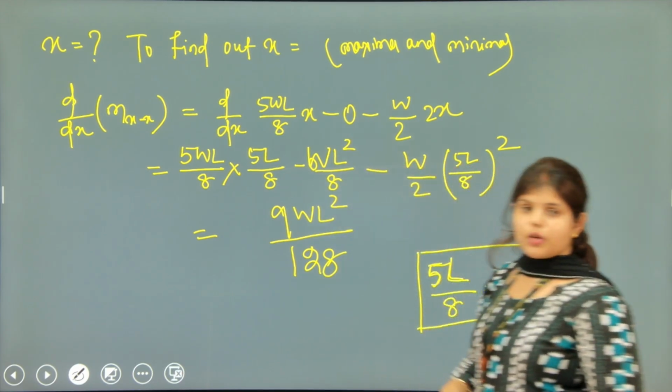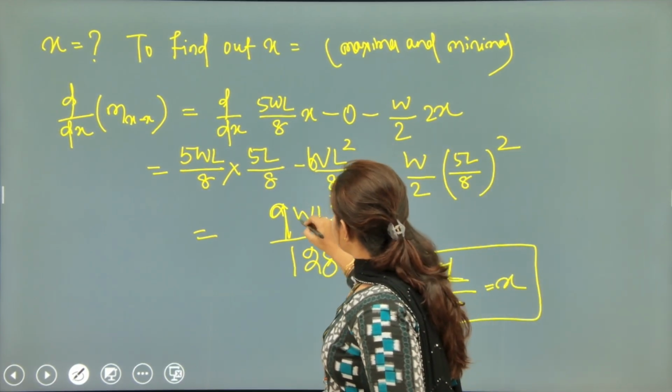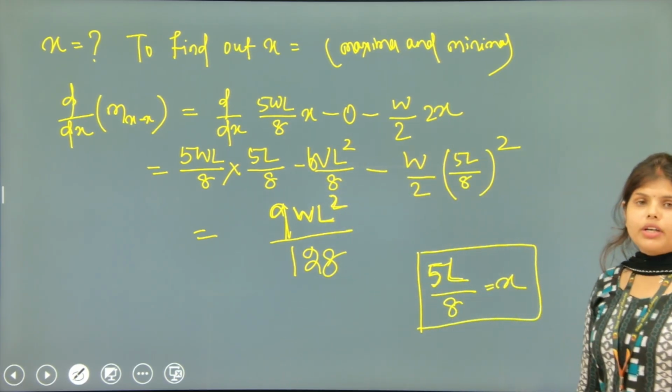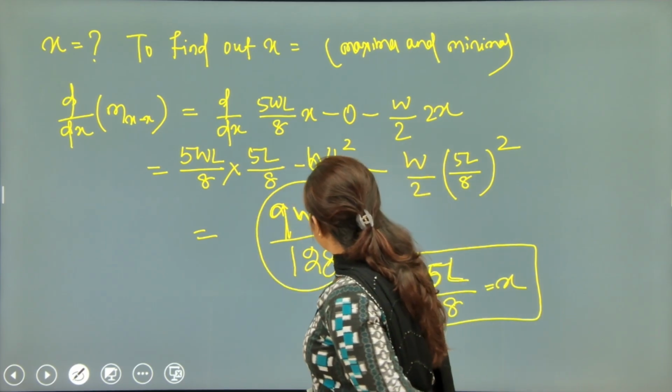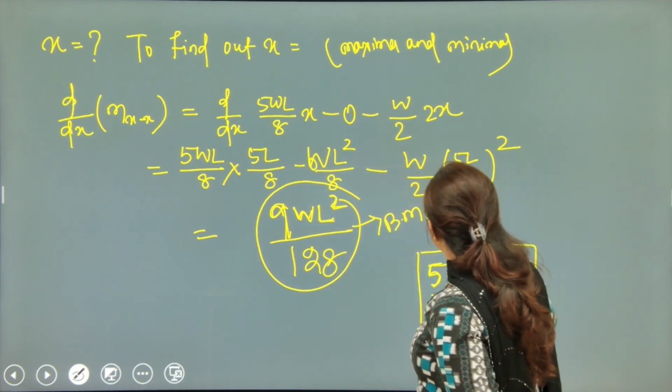You have to calculate this. After calculation, we will get the value as 9WL square upon 128. So this is the value for the bending moment at maximum.